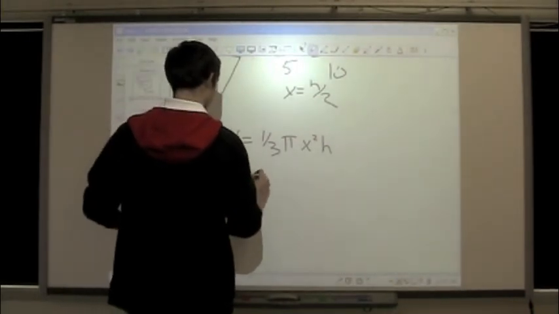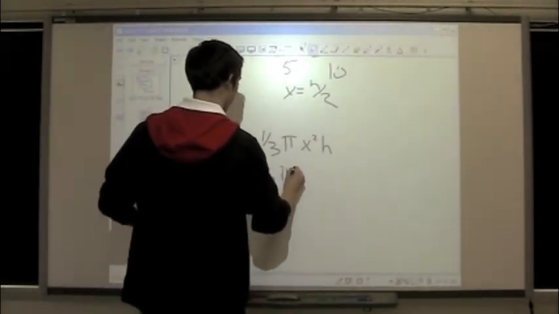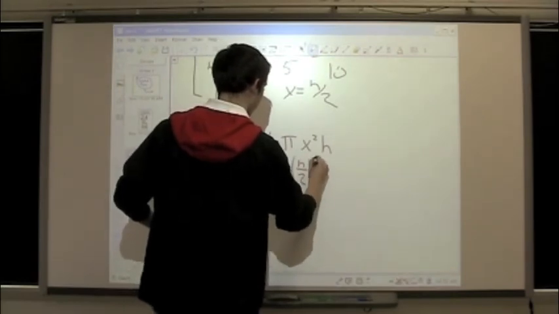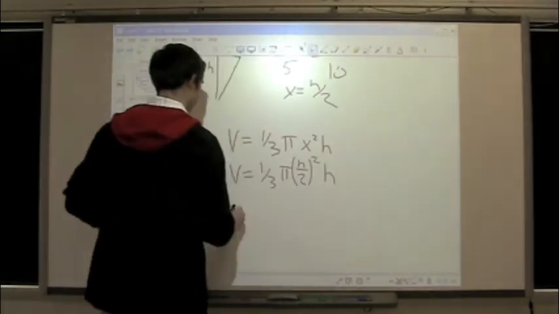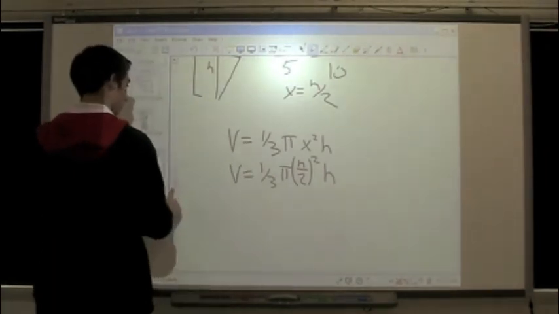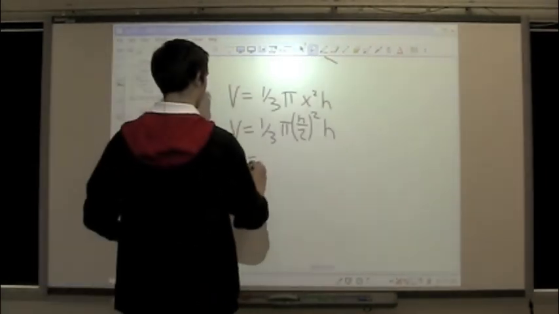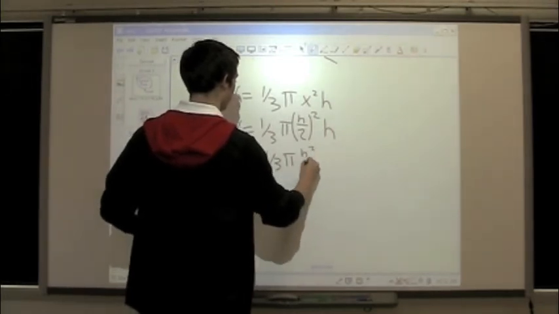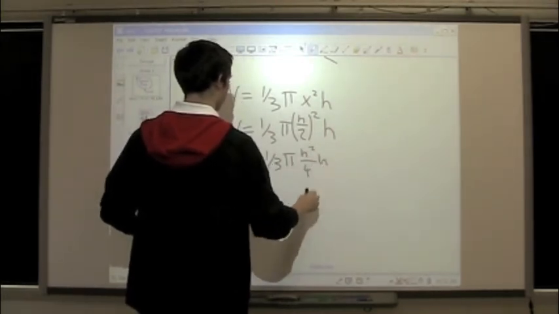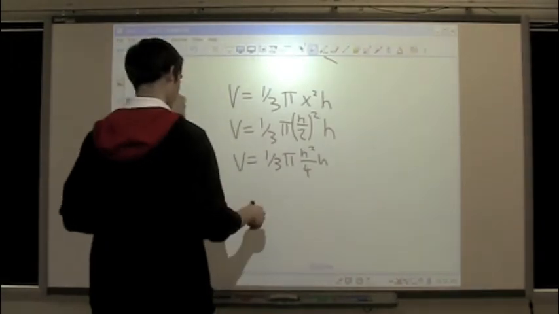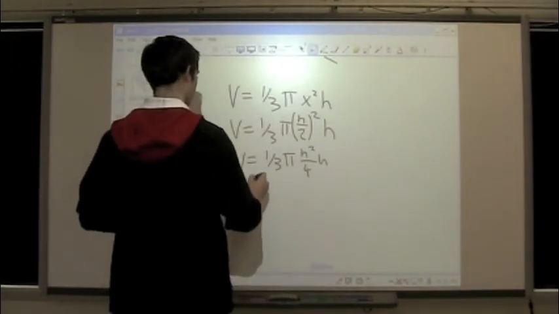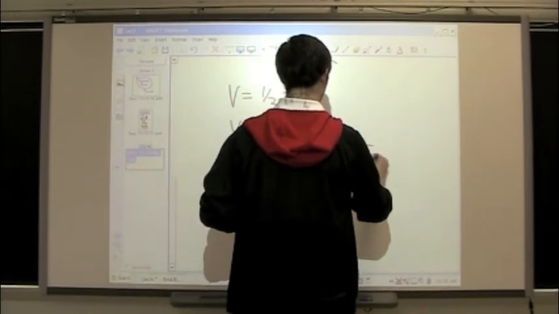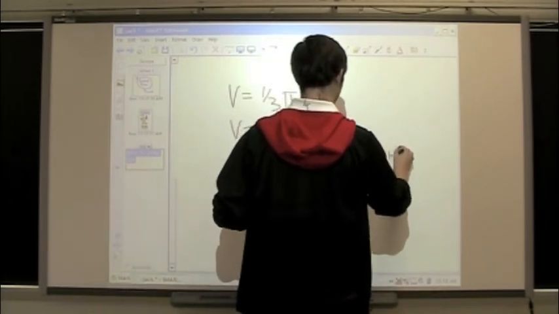We get volume is equal to 1/3 pi (h over 2) squared h, which is 1/3 pi h squared over 4 h, which is equal to pi over 12 h cubed.